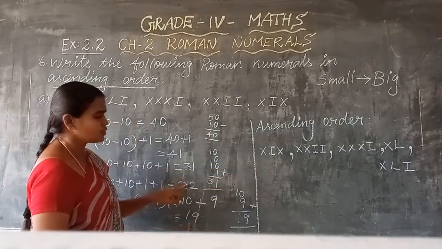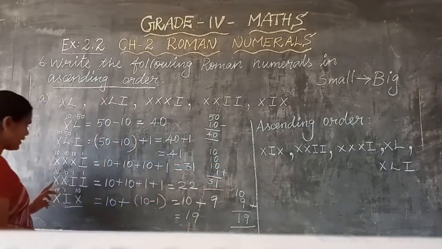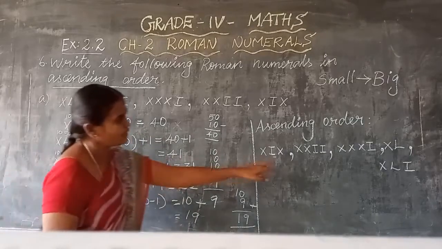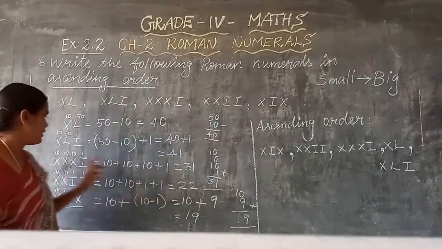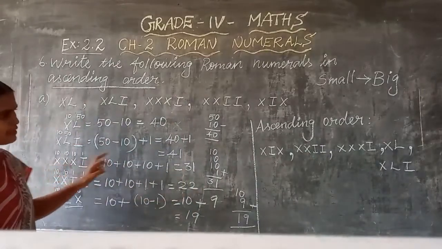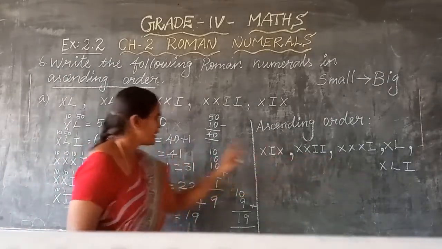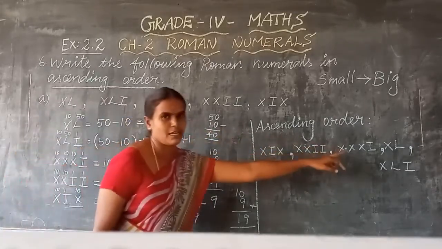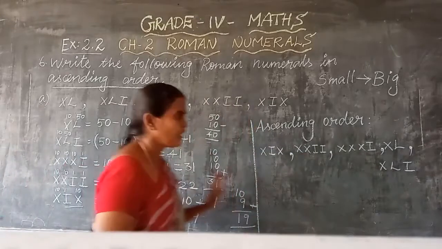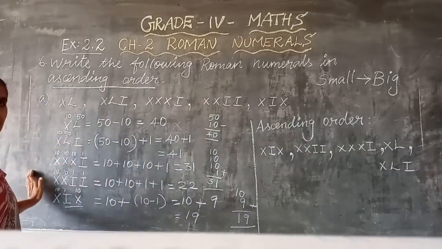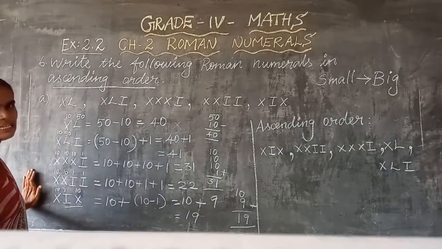Next small number 22. XXII. So right here XXII. Next 31. XXXI. Next 40. XL. Then 41. XLI. Okay. So copy this one in your classwork note. Write neatly.